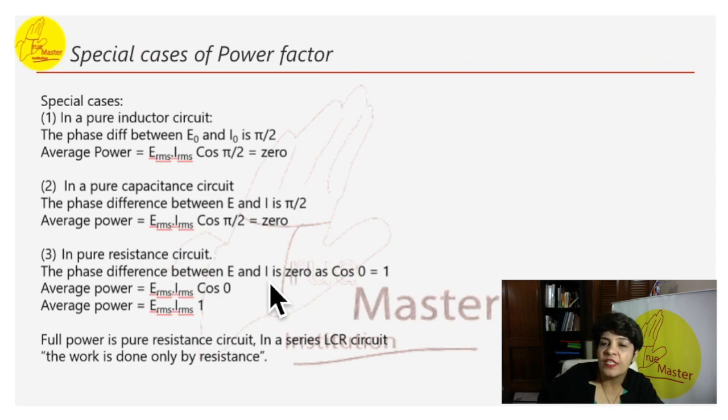The phase difference theta is 0, and the value of cos 0 is 1. So the average power is E into I into 1. Here we can see the work is done only by resistance. In an LCR circuit, the work is done only by the resistance.